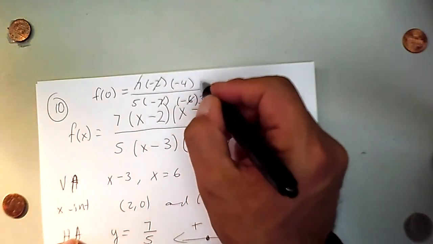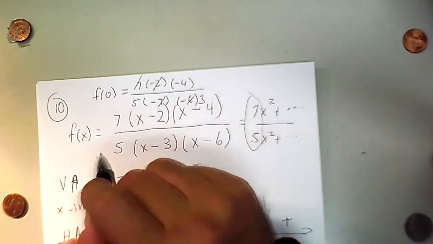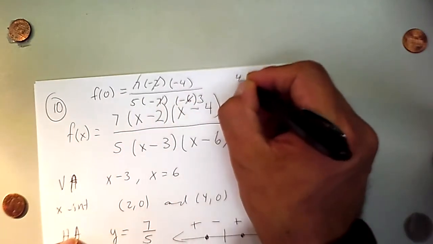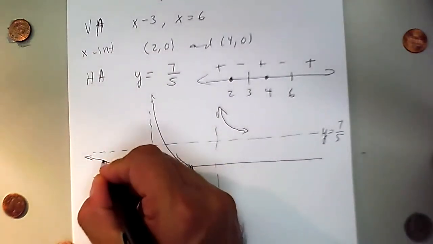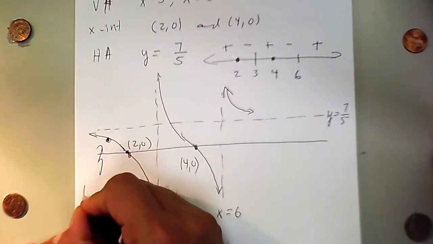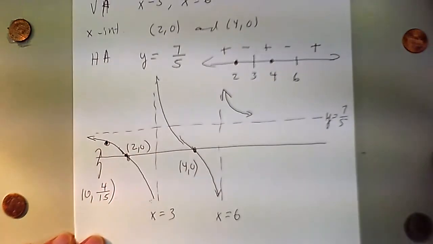And then we end up with 4 over 15. 4 over 15. Yep. So this y-intercept will be (0, 4/15).